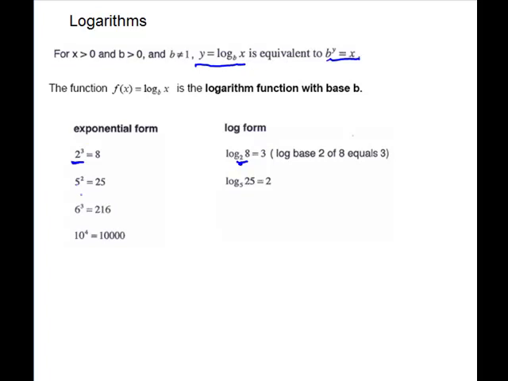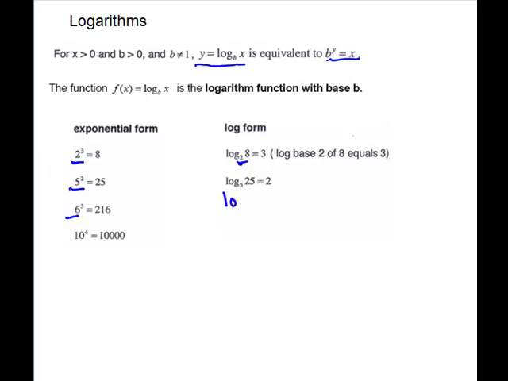Right, the next one, we have 5 to the second equals 25. That's our exponential form. We're going to switch to logarithm form. Log base 5 of 25 equals 2. All right, we'll do the next two. So we have 6 to the third equals 216.